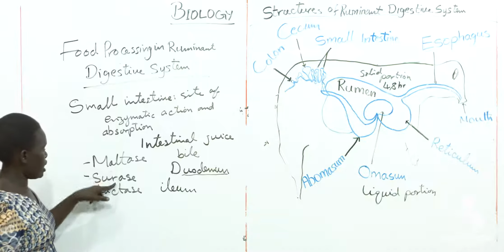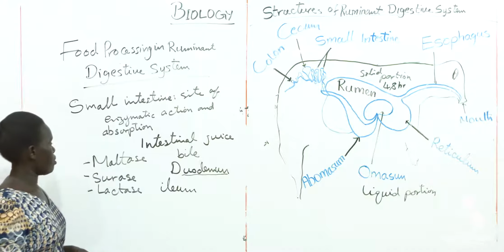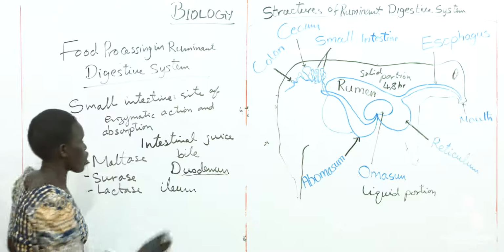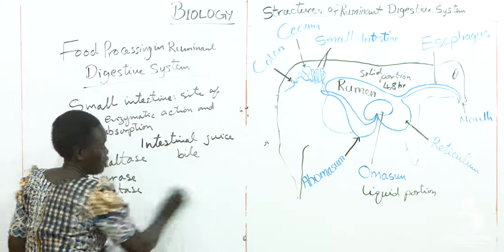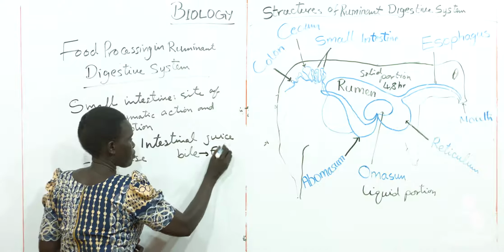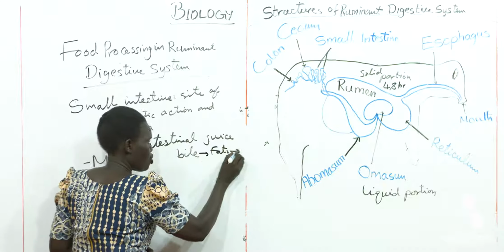So when we look at these 3 enzymes, these are the enzymes that break down sugar into glucose. The bile breaks fats into fatty acid.